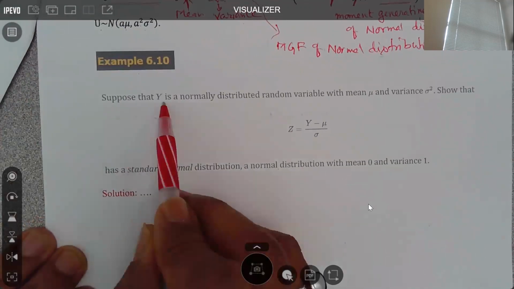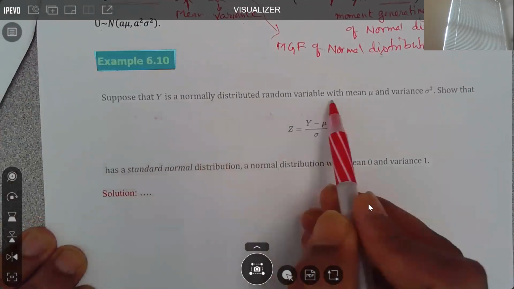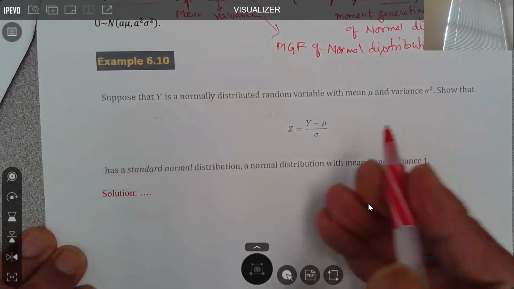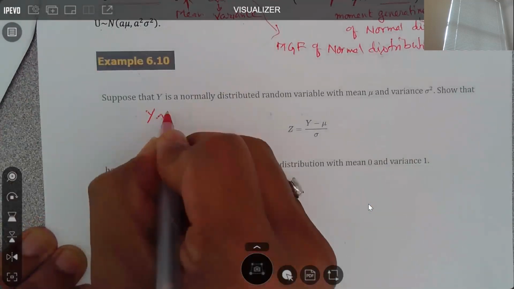Now, suppose Y has a normal distribution with mean mu and variance sigma square.